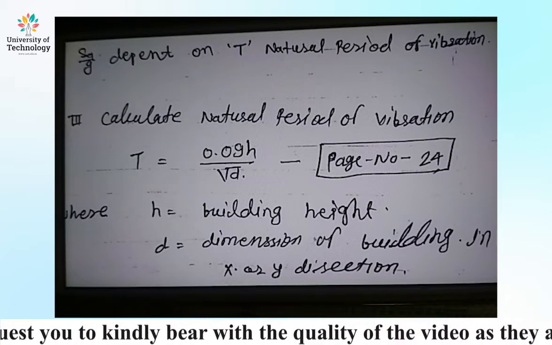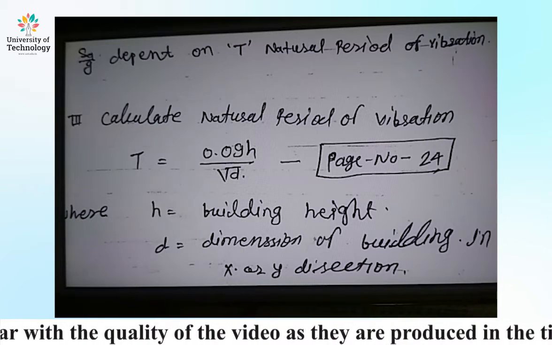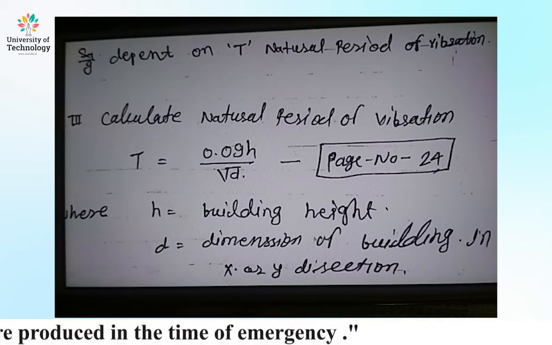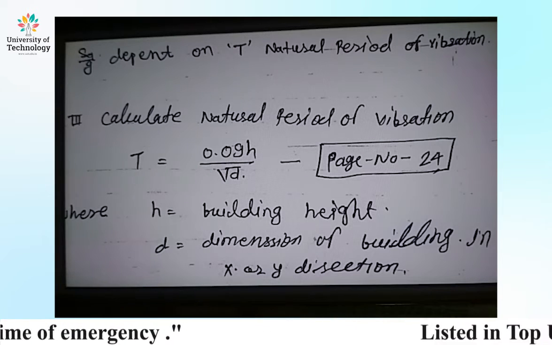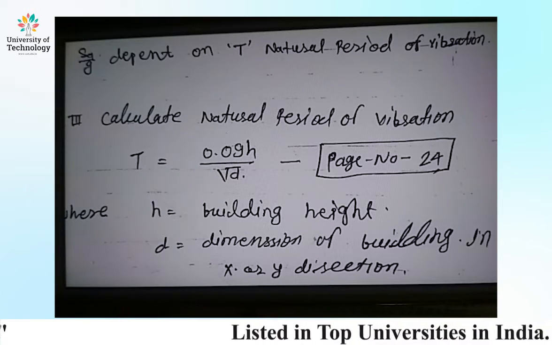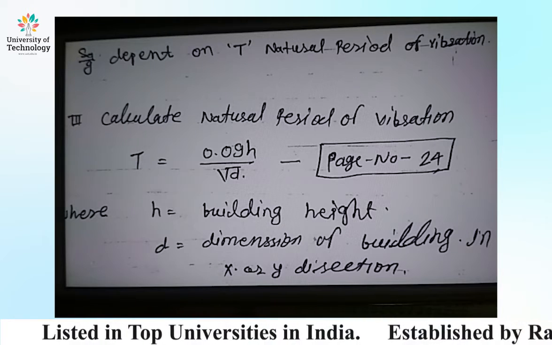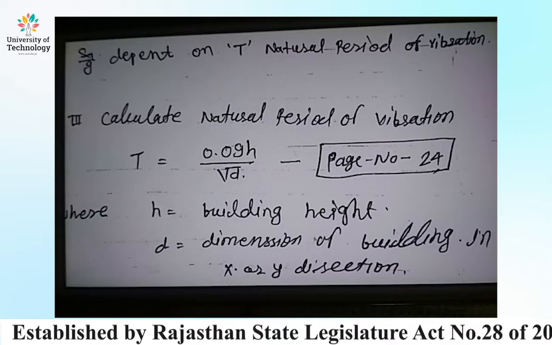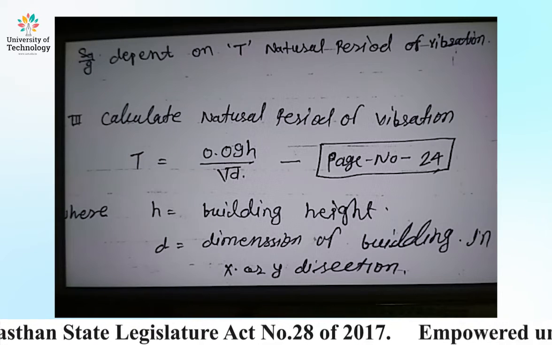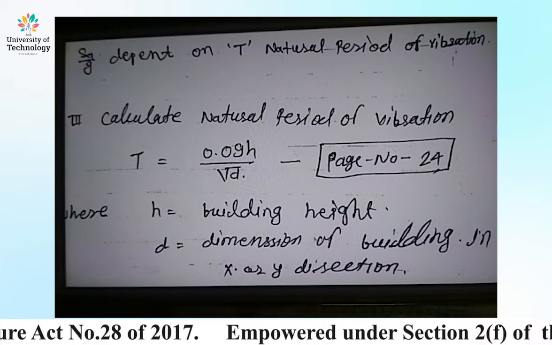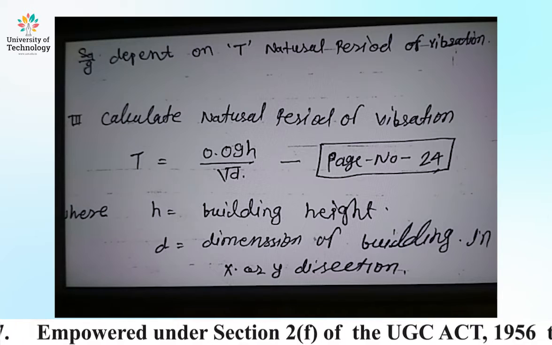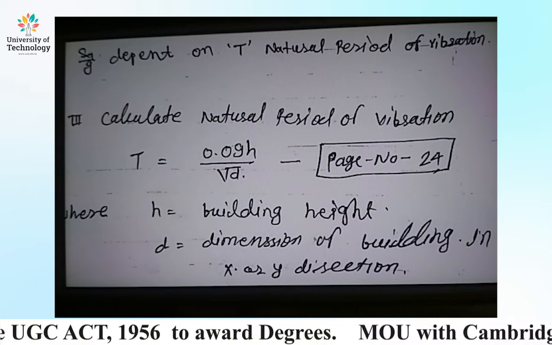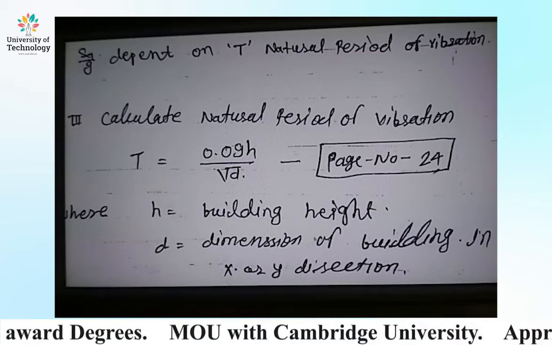Sorry, capital T equals 0.09 h divided by the square root of d, not v, square root of d. It is given on page number 24. So what is small d? The dimension of the building in x or y direction. It is provided in the question by the university.